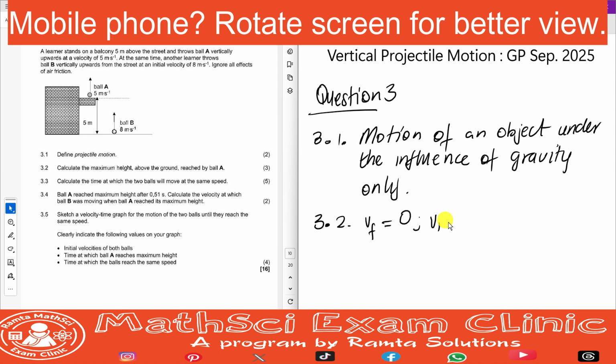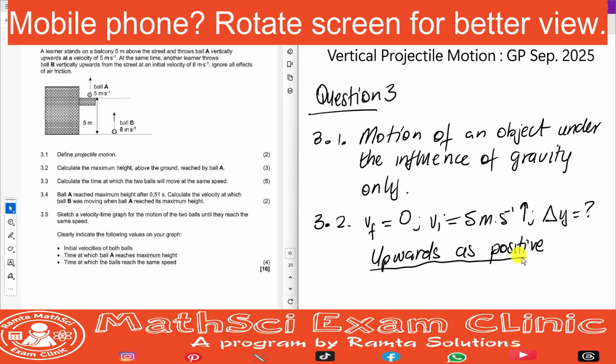We have initial velocity, which is 5 meters per second. Allow me to use this arrow to indicate upwards, right? Now we are looking for delta y. I'm choosing upwards as positive, and let's go.